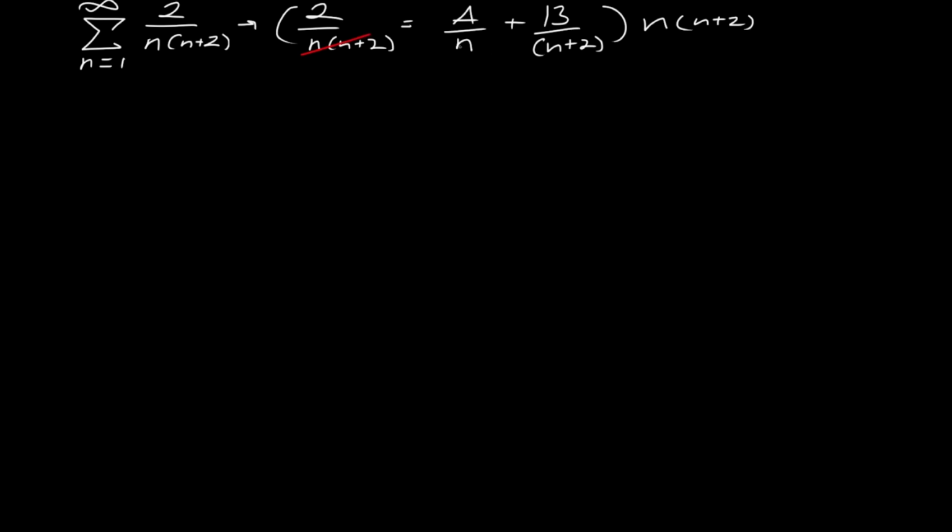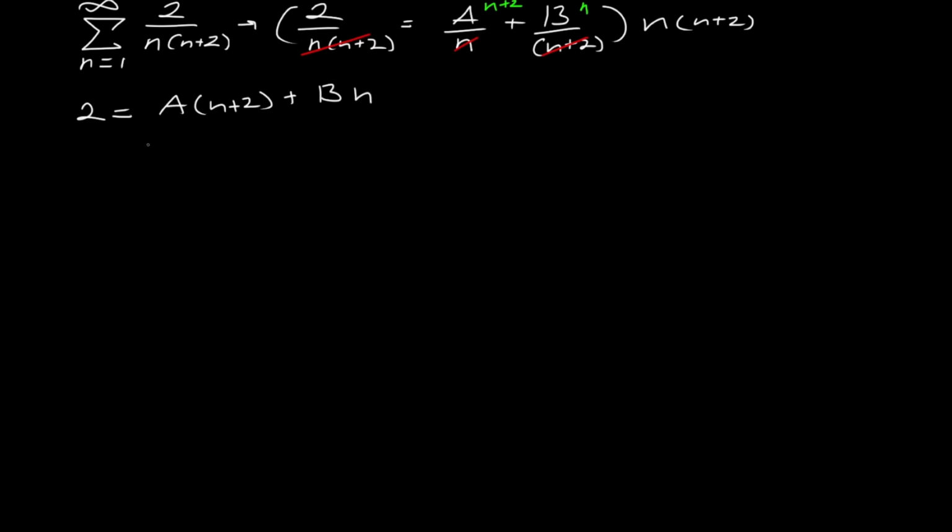We're going to cancel out the n, and we're going to cancel out the n plus 2, and we're going to be left with an n plus 2 over here and an n over here. Let's rewrite this problem. 2 is equal to a times n plus 2 plus b times n.